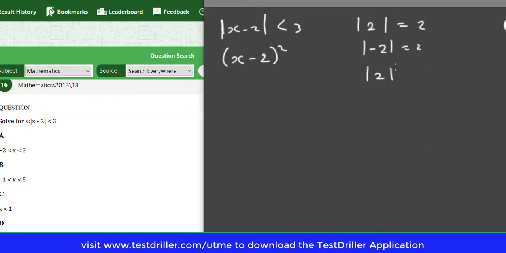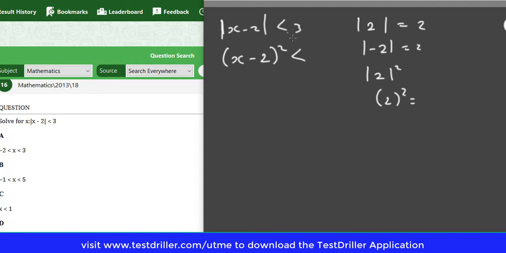So you square both sides to take away the absolute sign. Without taking away the absolute sign, you'll have issues simplifying. Squaring the 3 gives you 9. Note that the reason we are squaring is because we have an absolute sign. If there is no absolute sign, you can't just square an inequality without considering the sign.